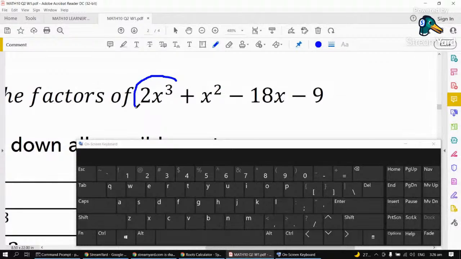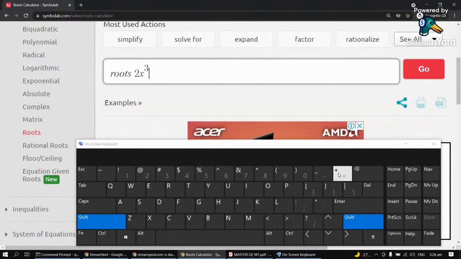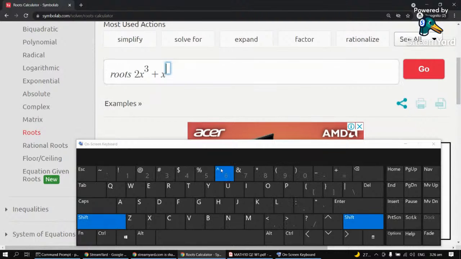Tapos ng 2x cube ay sunod natin ng positive x squared. So, mag-type tayo ng plus, and then x, and then yung exponent niya.